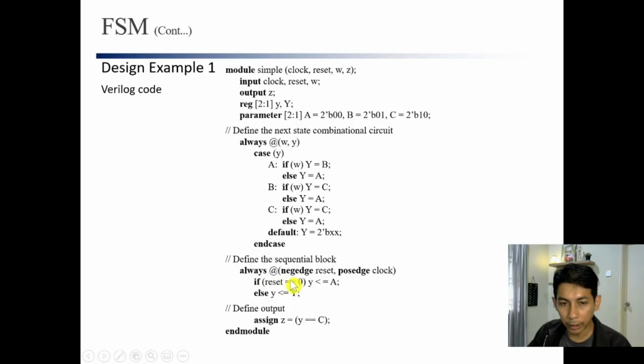The flip-flop is negative edge reset and positive edge clock. Here, if reset equal to 0, so y should be equal to a. What is a now? Our a is actually 0 0, which means state 0. And if not reset, if reset equal to 1 or reset is not active, so what is small y?